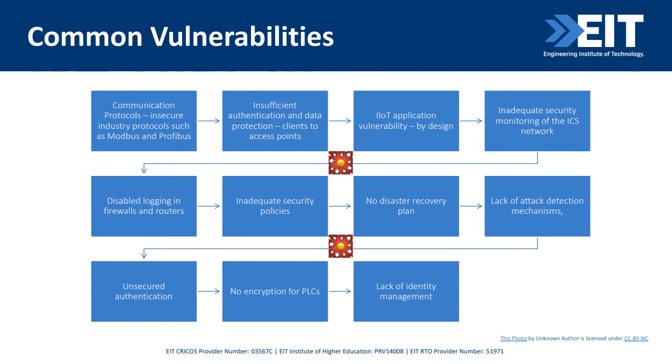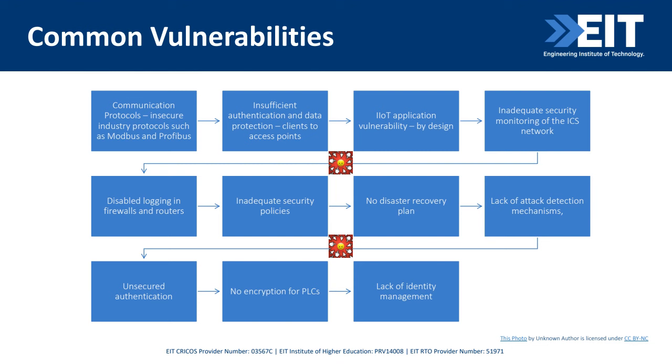If you were to look at vulnerabilities or entry points to each of those systems, I mentioned previously that the protocol adopted for communicating is not entirely secure. There are protocols in place such as Modbus and Profibus that do not enable secure HTTP type traffic or transport layer security type traffic.